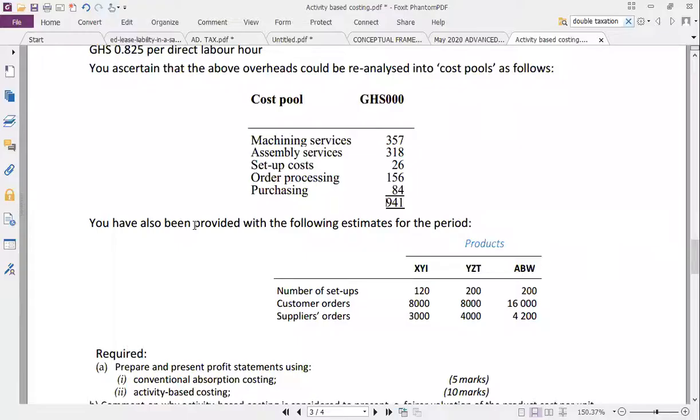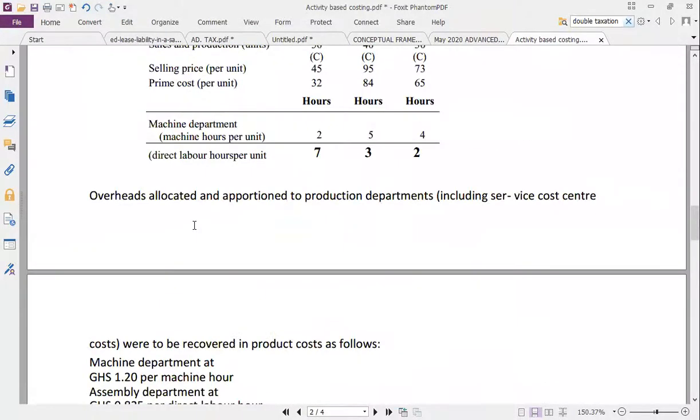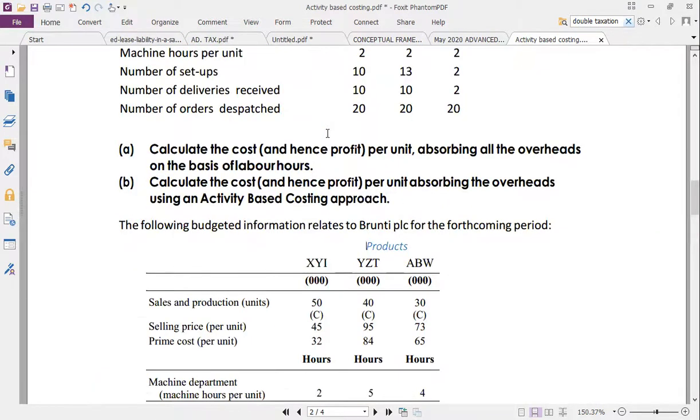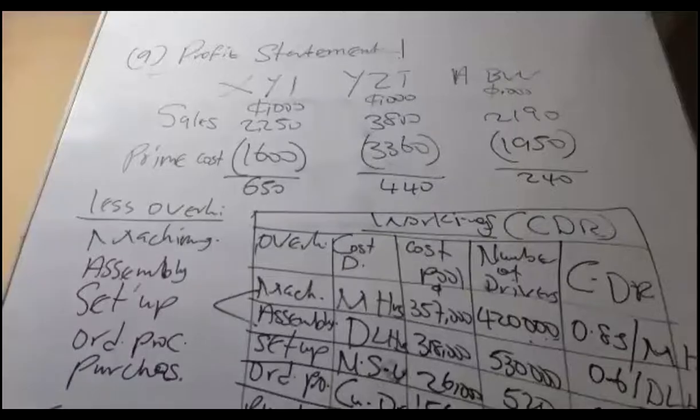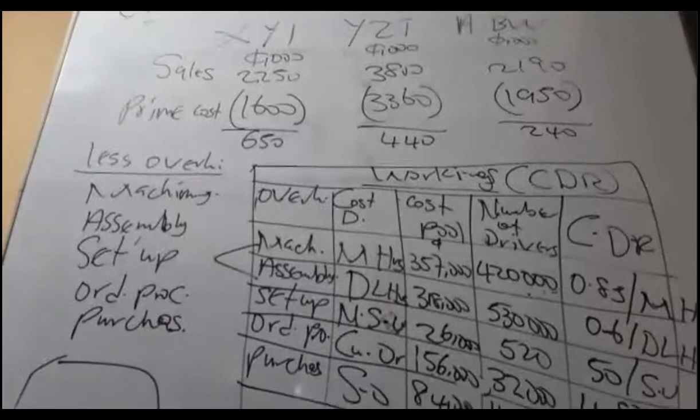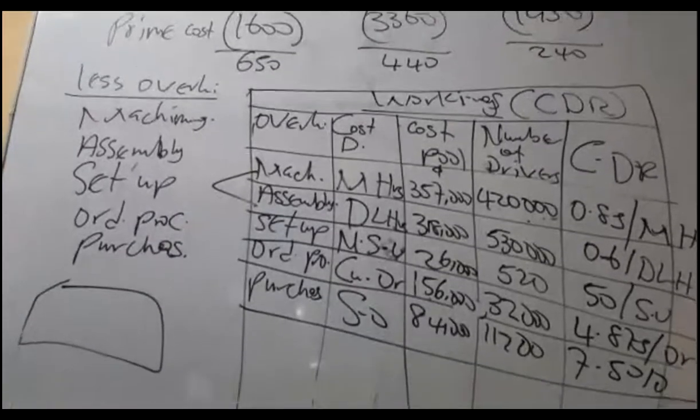So what are the machine hours? If I pick the machine hours, I have 2 hours for the first product. So for the 2 hours, what's the rate per hour according to the overhead absorption rate?